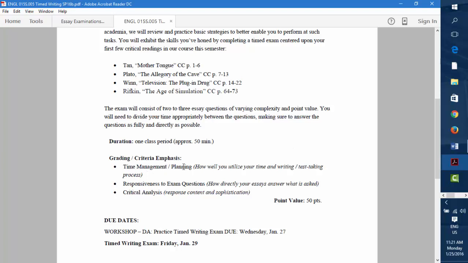I'm looking at time management and planning, so I'm actually going to look to see whether you did any planning. Okay, and we'll talk about that in a second. Responsiveness to exam questions: how directly your essays answer what is asked. The reason I have that as a criterion, which we'll discuss in a couple minutes, is that it's one of the primary things I always hear from other professors.